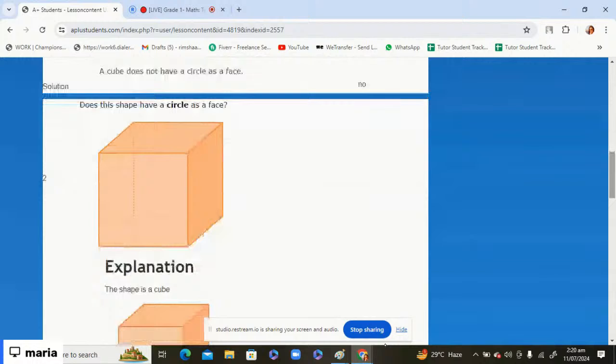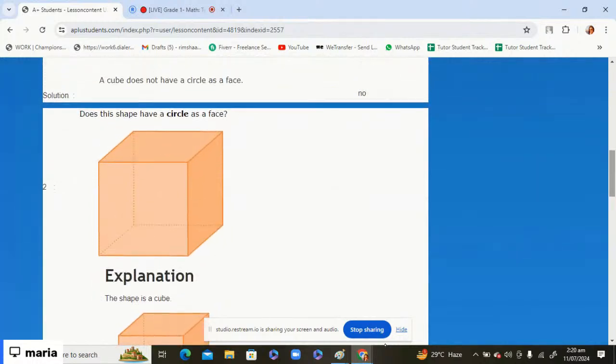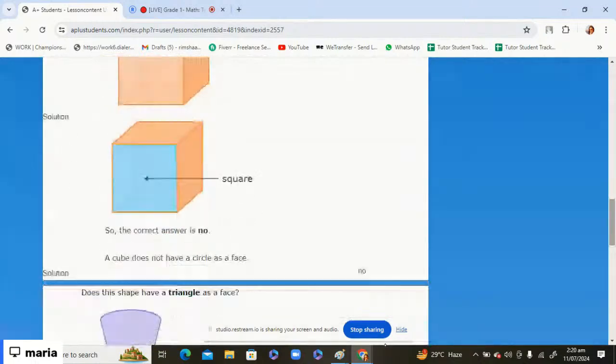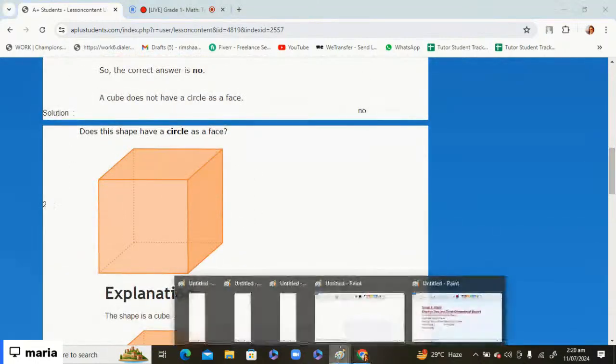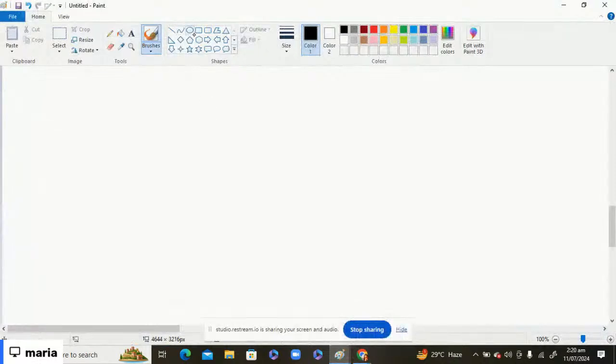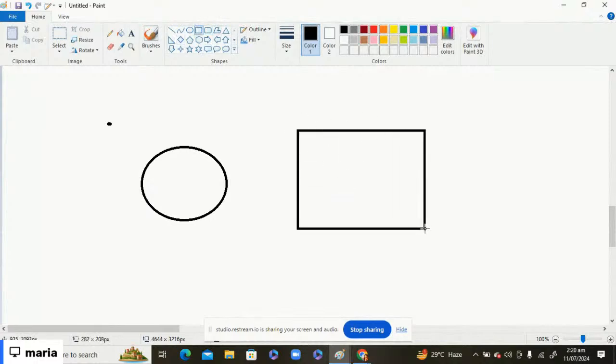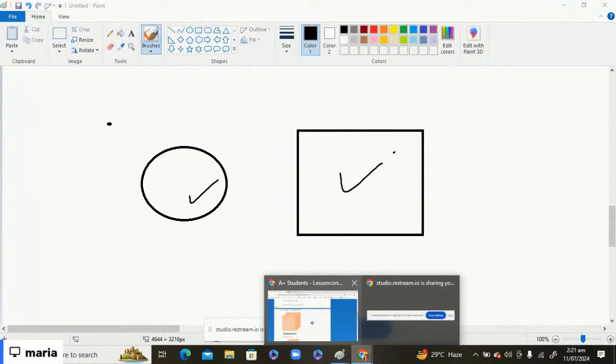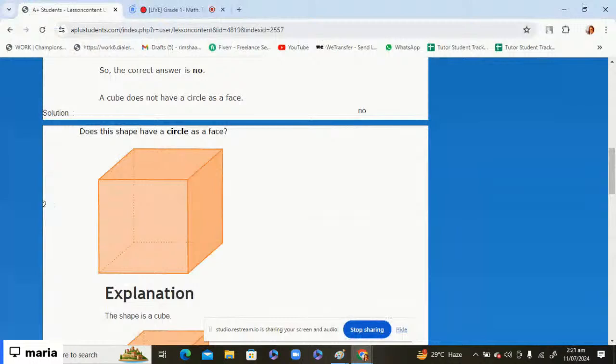Look here now. Does this shape have a circle as a face? Check it out. Is there any circle in the face? This is not a circle, because what is the shape of a circle? A circle is like this, but here the shape is a square. Okay, like in this way. So we can see that this is the shape of a circle and that is the shape of a square. So is there any circle shape in this figure?